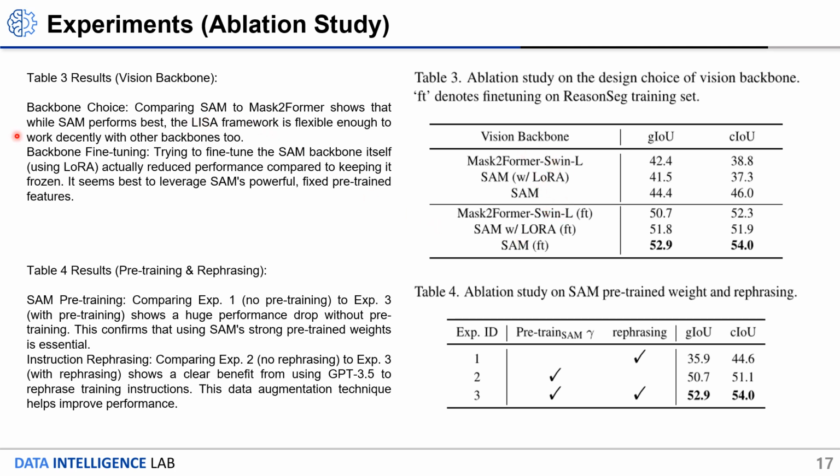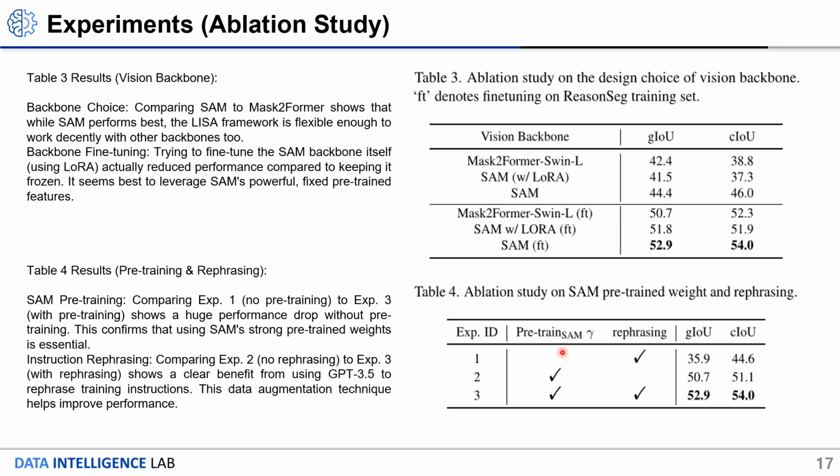It shows that while SAM performs best, the LISA framework is flexible enough to work decently with other backbones too. Now for the backbone fine-tuning, trying to fine-tune the SAM backbone itself using LoRA actually reduced performance compared to keeping it frozen. So it seems best to leverage SAM's powerful fixed pre-trained features.